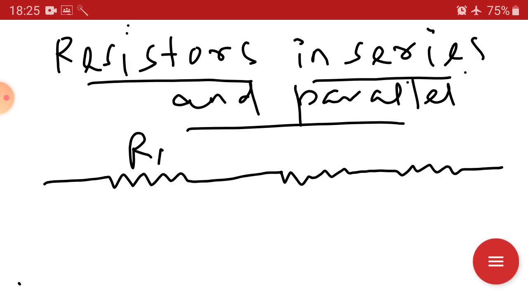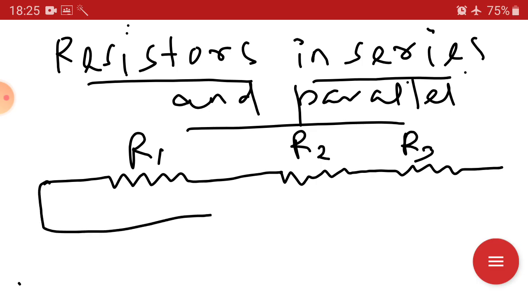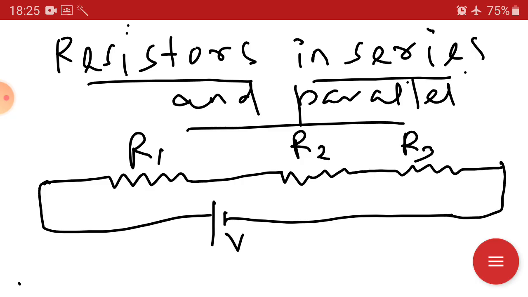Let's say this is R1, this is R2, and this is R3. So these three resistors are connected in series. Let's say a potential difference or a battery having voltage V is connected to them. So this is the series combination.